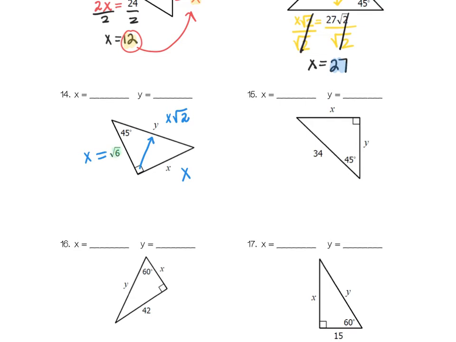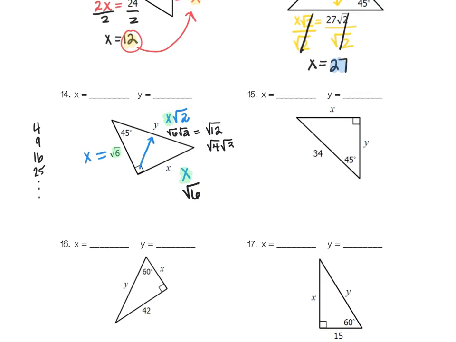So now I'm going to take this, and anywhere I have an x for my formula, I'm going to plug that in. So right here, this side is square root of 6. This side is square root of 6, square root of 2. Square root of 6 times square root of 2 is square root of 12. If you think about your perfect squares, 4, 9, 16, 25, I can divide 12 by 4.